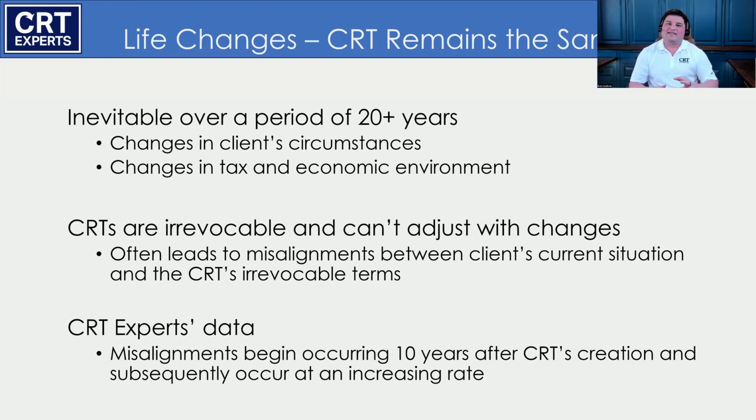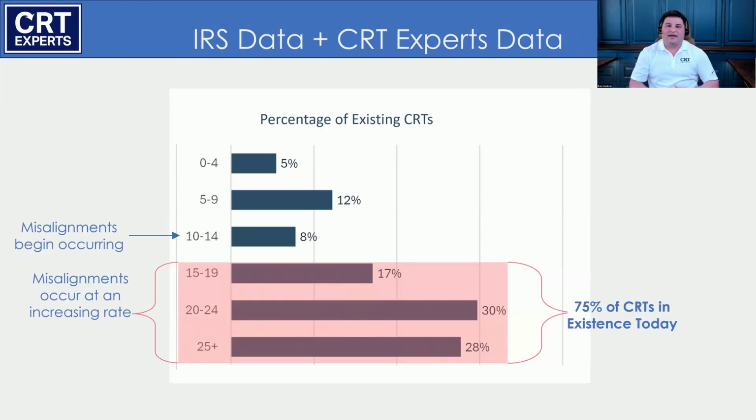So when we take that conclusion, which is fairly intuitive, and overlay it with that IRS data, we can see why we believe, and the data proves out, that this is a very relevant topic today.